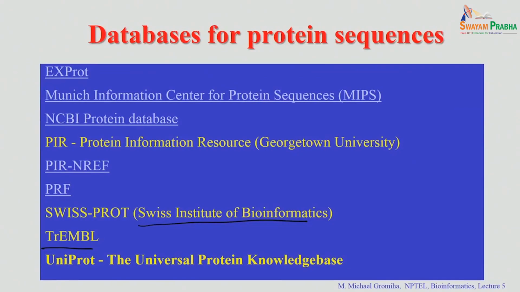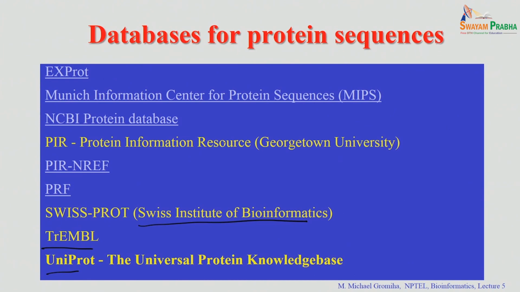Later on they combined these major databases, PIR and SwissProt, and formed a consortium called UniProt. This is the Universal Protein Knowledgebase, which contains information on protein sequences plus other information that we can use as tools.